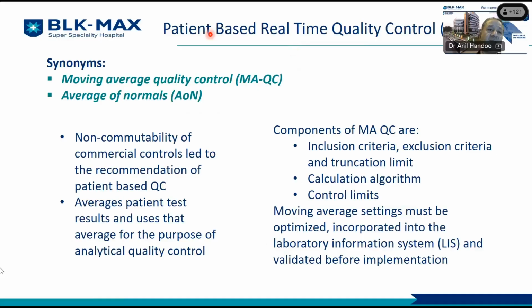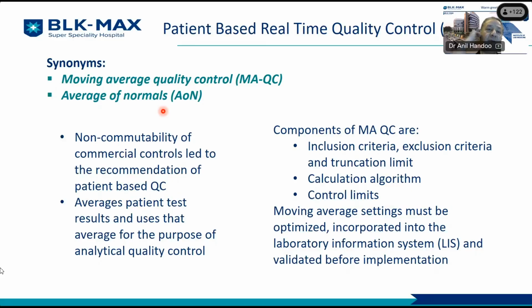Now, coming to the next part of it, which is called the moving averages or Bull's algorithm. This is what is called patient-based real-time quality control, or PBRTQC. And this is something which a lot of people use as a part of their routine practice because it's fortunately available in our software systems in the hematology analyzers today. So you do what is called moving average of the quality control, or it's also called average of normals.